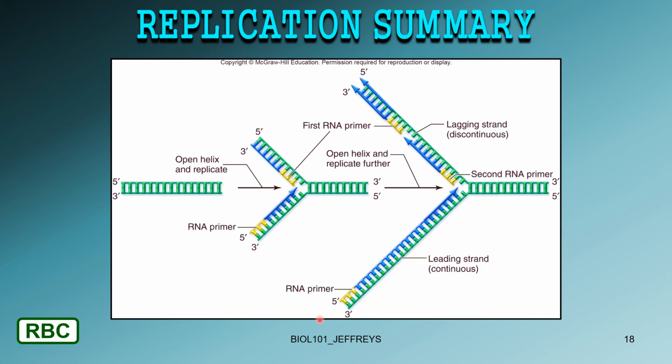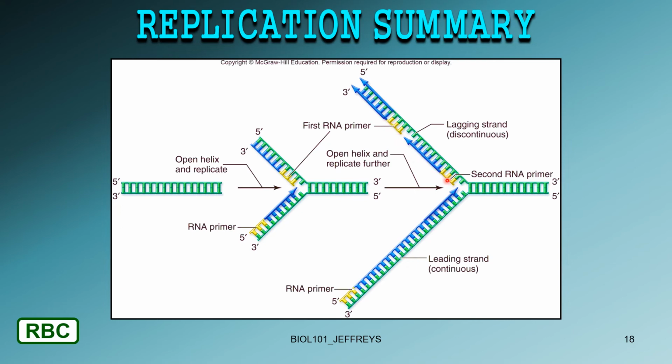The leading strand requires one RNA primer, and replication is 5' to 3' towards the replication fork. Each Okazaki fragment on the lagging strand requires an RNA primer.